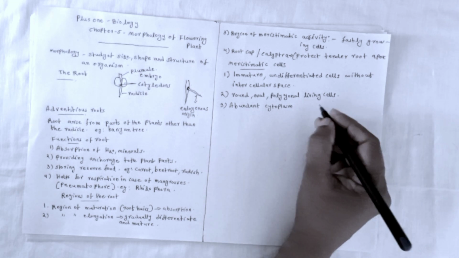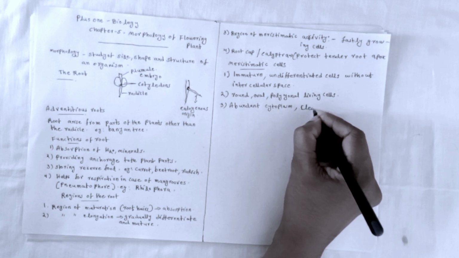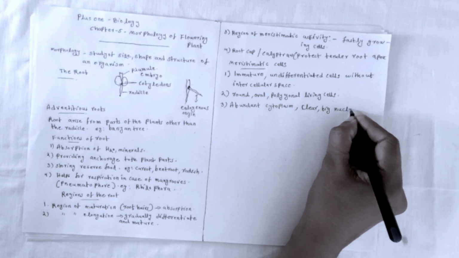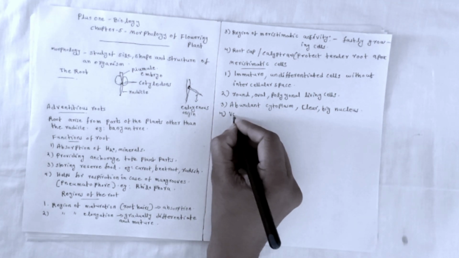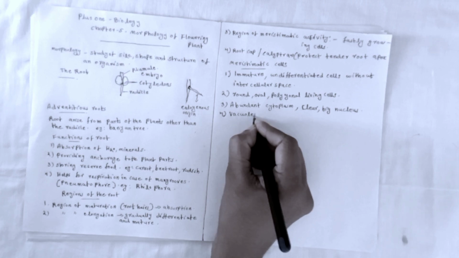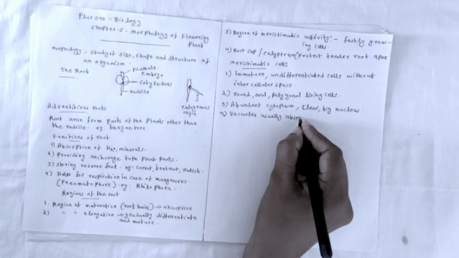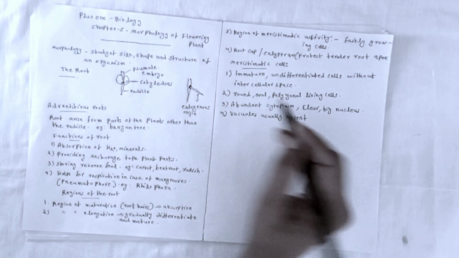Abundant cytoplasm and a prominent, clear, big nucleus. Vacuoles are usually absent. These are the main characteristics of meristematic cells.